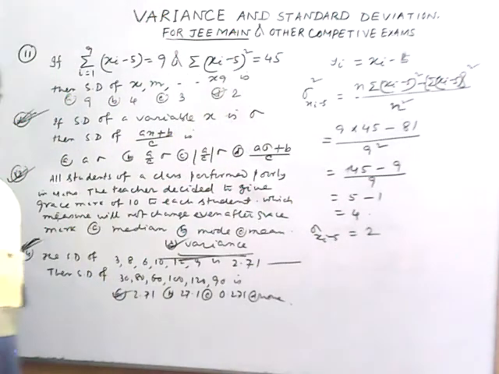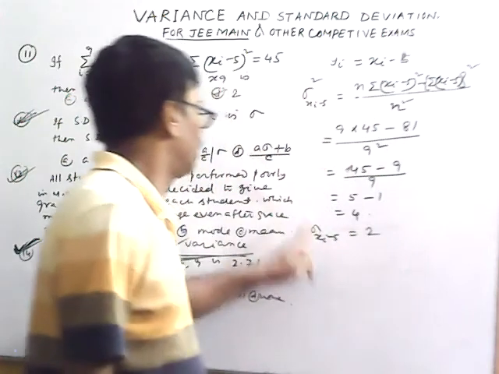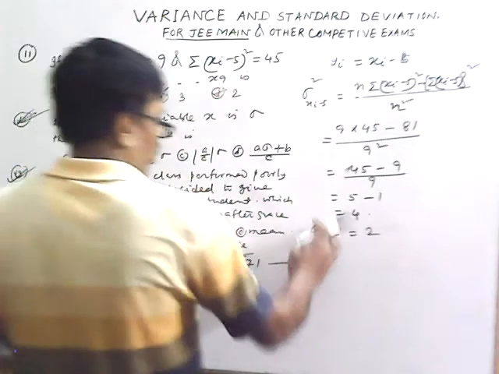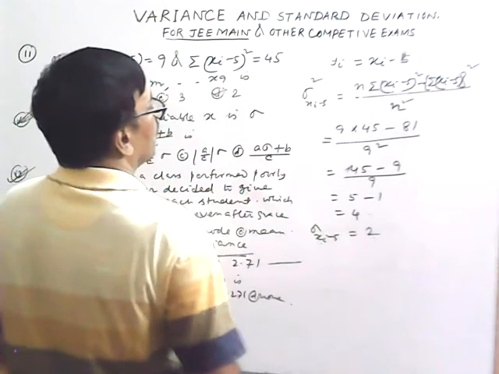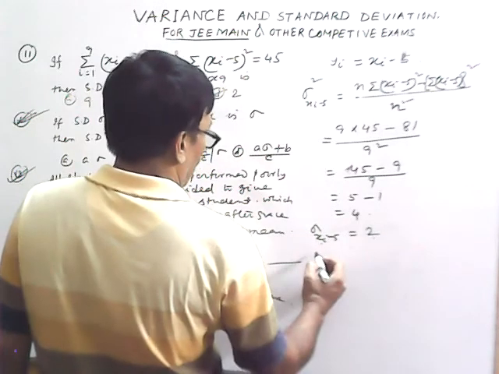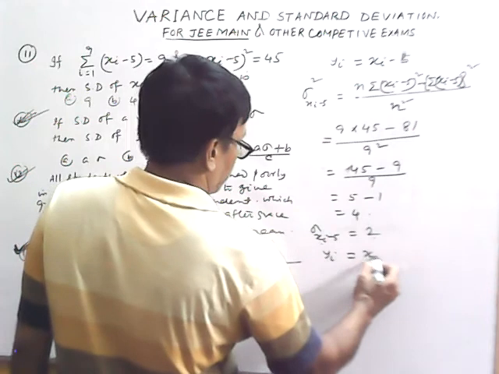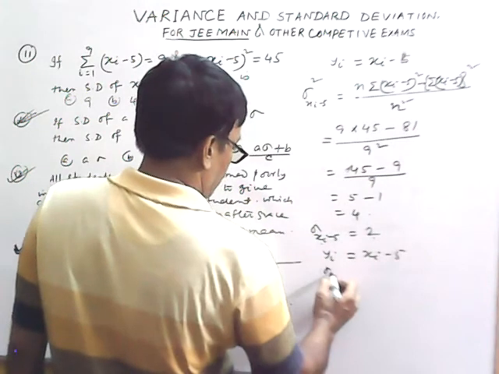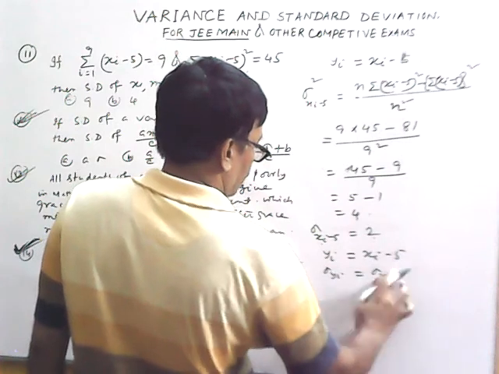Square root of this. Now look, if we take this as y, yi equals xi minus 5. So sigma yi equals sigma x.